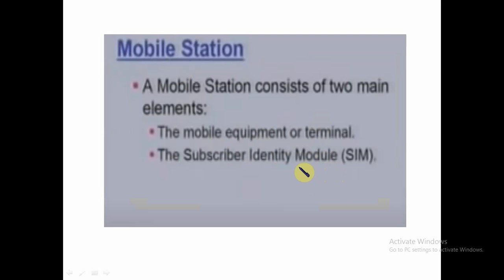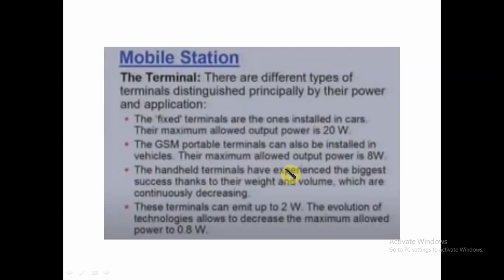We need both of them to make it work. For the terminal of the mobile station, there are different types of terminals, which we distinguish in detail, principally by their power and application. So we have the fixed terminal.